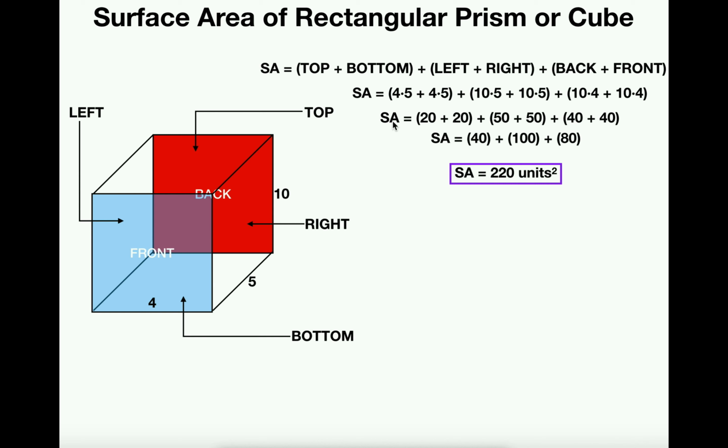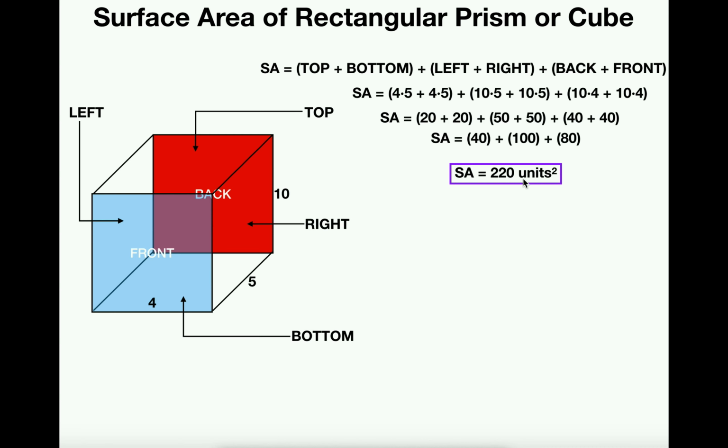So basically, I have a surface area that's equal to 20, because 4 times 5 is 20, plus 20, plus 10 times 5 is 50, plus another 50, plus 10 times 4 is 40, plus another 40. We can even simplify it even further. That's in parentheses here first, that's 40. In the middle, that's 100, and then on the right side, this is 80. And so when you add all of these together, you get a surface area of 220 square units.